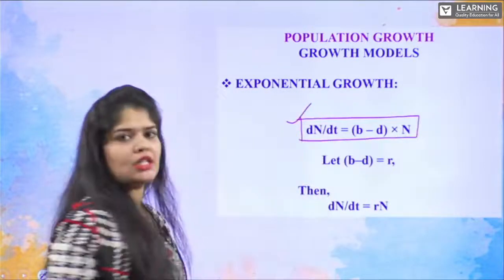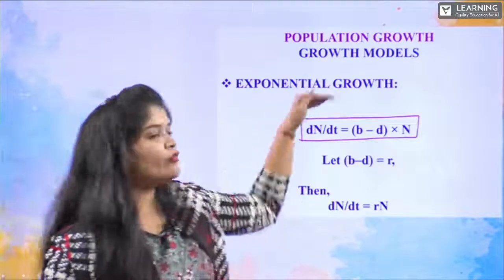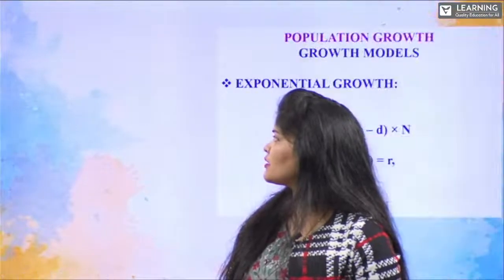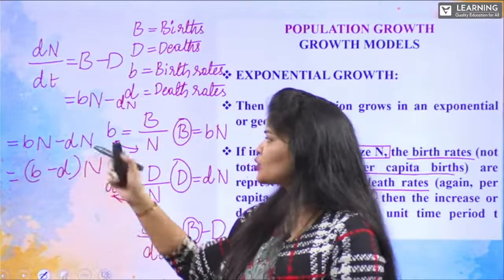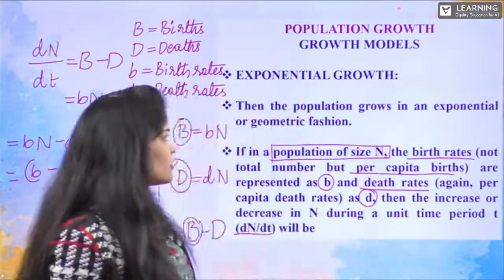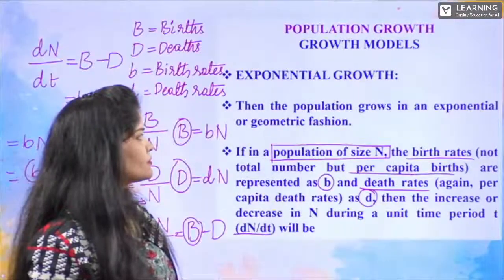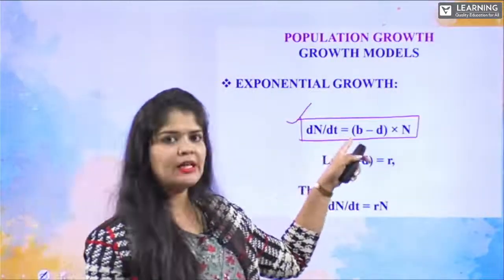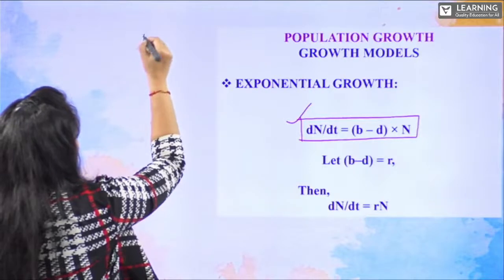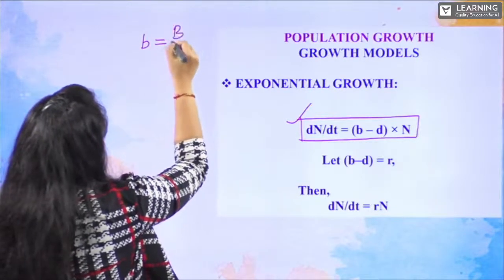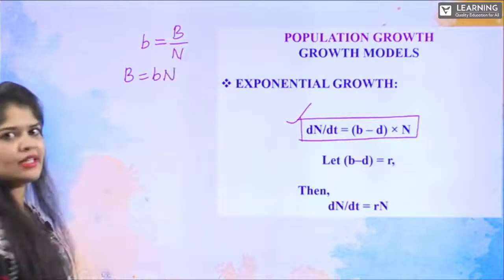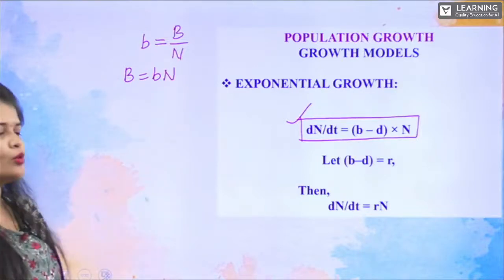This equation is directly given in your NCERT. Before that, how did we get it? Small b minus small d into N. Birth rate into population density.